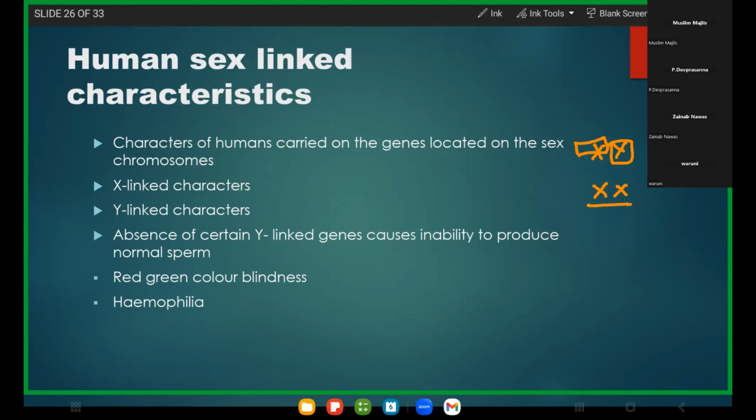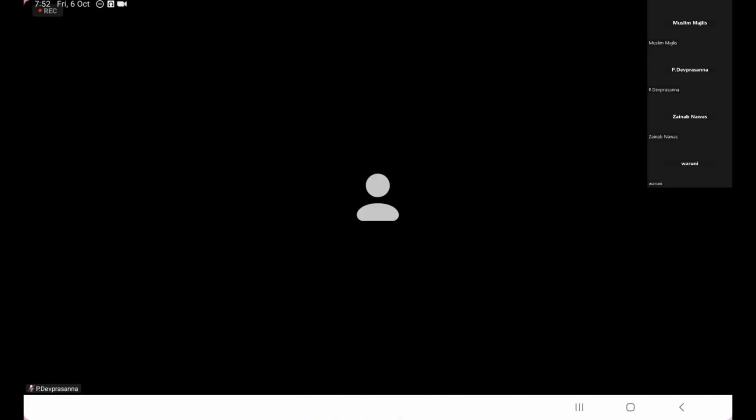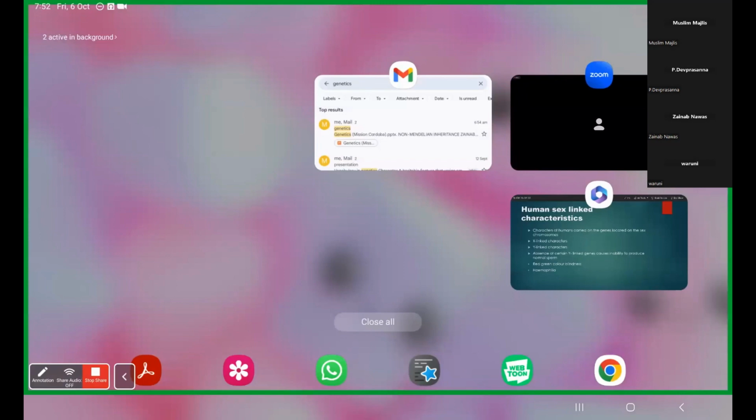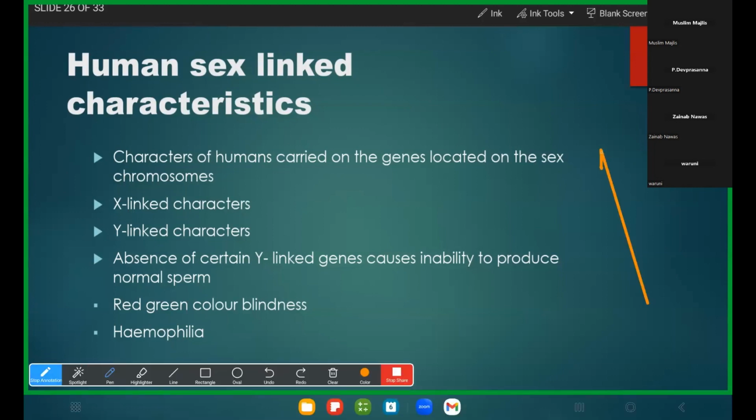If we were to consider this from the perspective of diseases, if we consider a female, they would have both alleles.